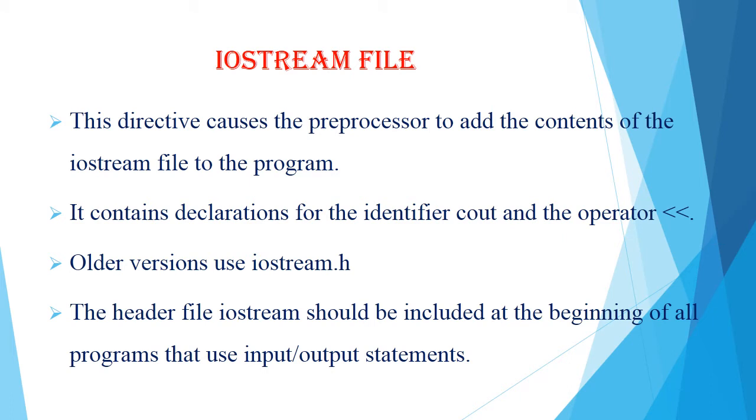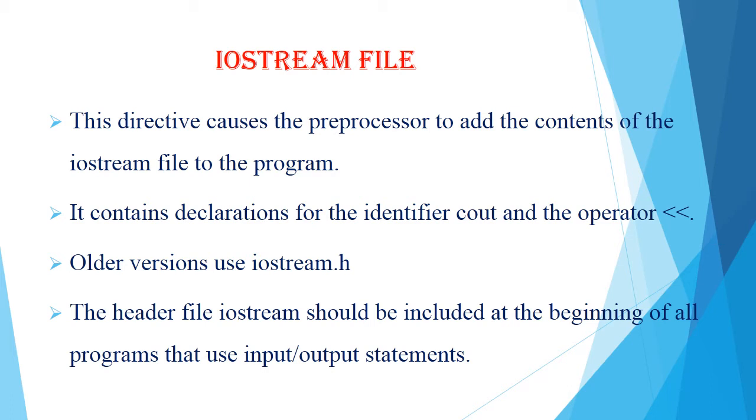Next is the header file, that is the iostream file. The older version of this is iostream.h. Nowadays we are using iostream. It adds the contents of the iostream file to the program, that is, the input and output streams.